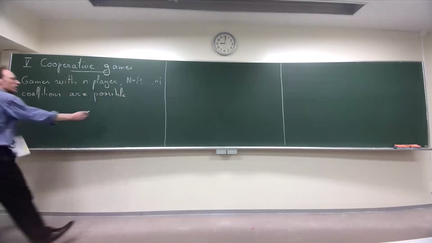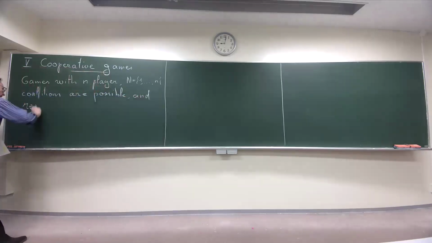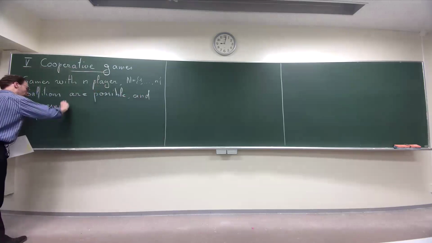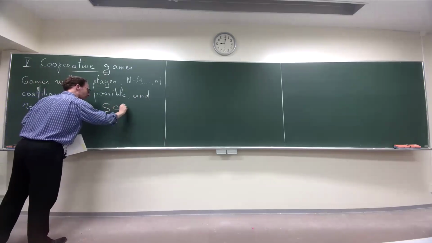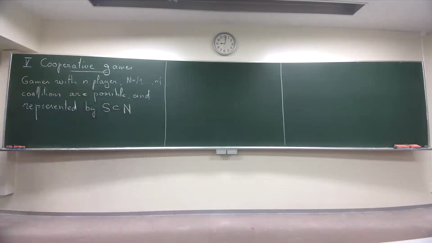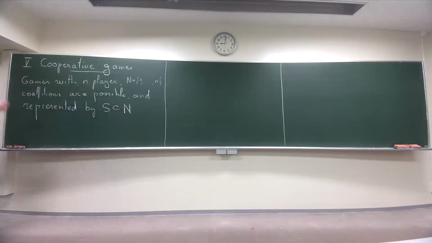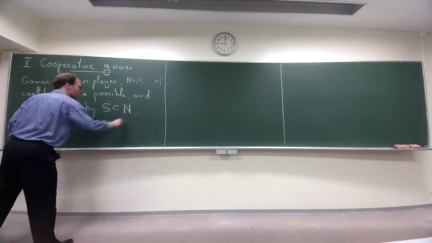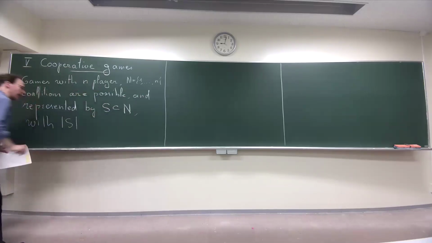So they are possible, and they are going to be represented simply by subsets of N. So among the n players, some can play together, and with that, it's going to be a subset of these n players. And the number of players in one coalition is going to be denoted by S with this number.